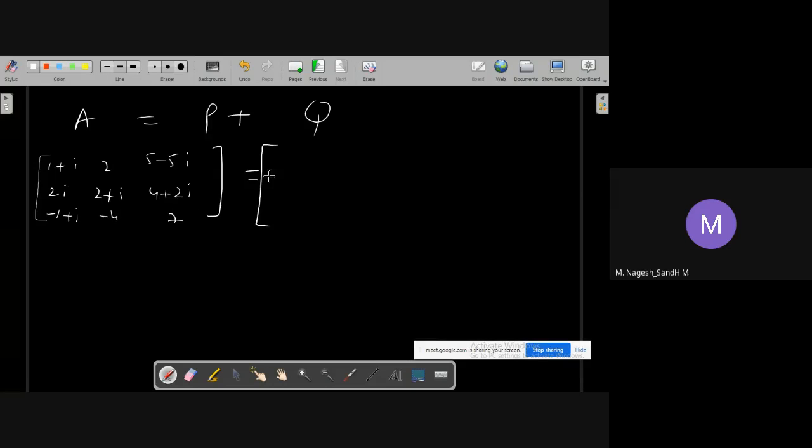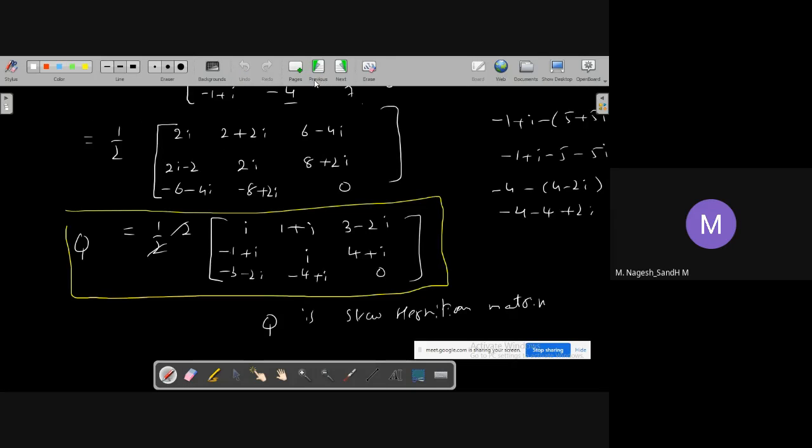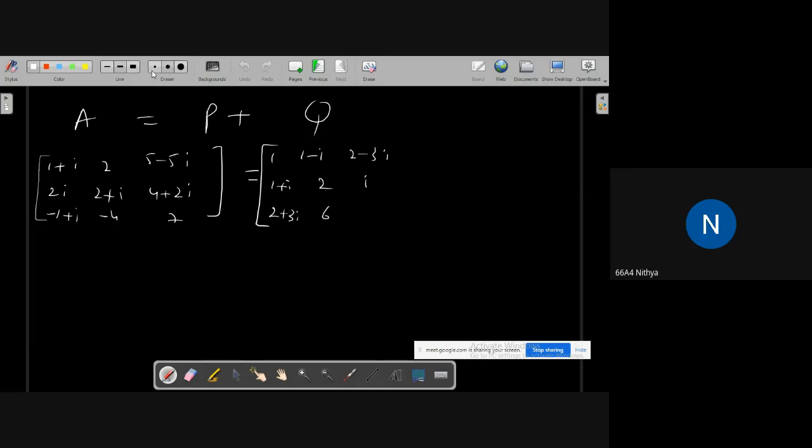Can anyone say what is the P matrix you got? Yes, sir. P matrix: 1, 1 minus i, 2 minus 3i, 1 plus i, 2, i, 2 plus 3i, i, 6i, minus i, 7.